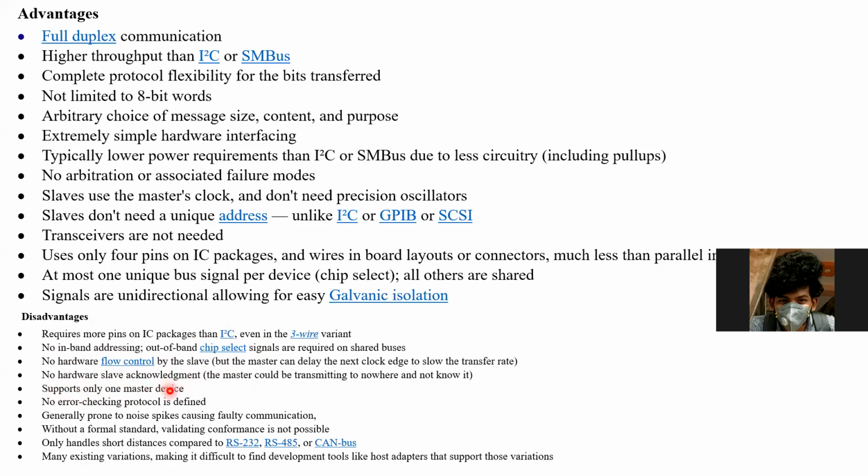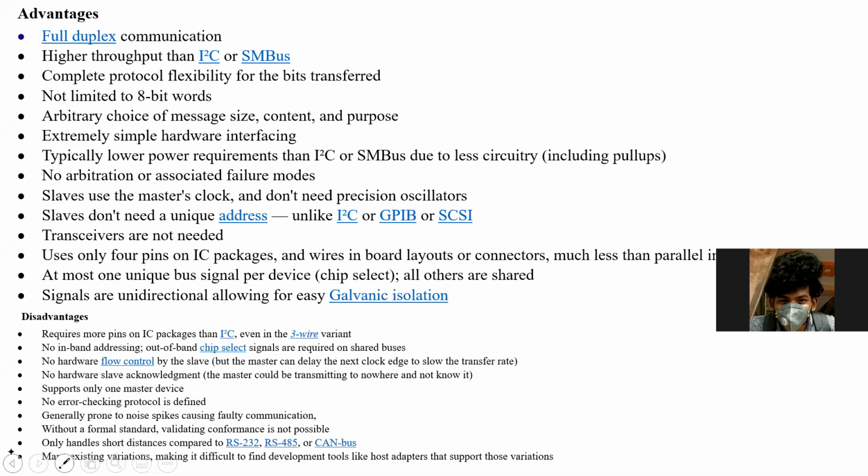One more thing is it will support only one master device. And here we don't have an error checking protocol; there we have a cyclic redundancy check and so on, but here we don't have that kind of checking. So the advantages are full duplex communication, high speed transfer, arbitrary choice, and we don't have a separate clock for the slave.